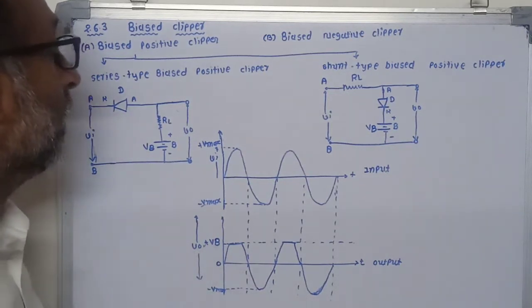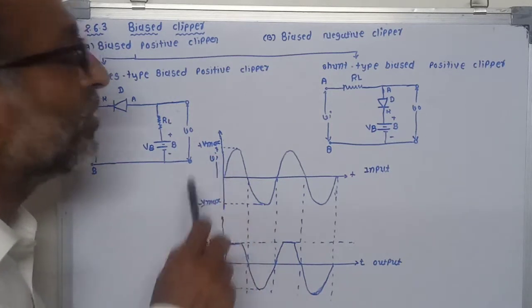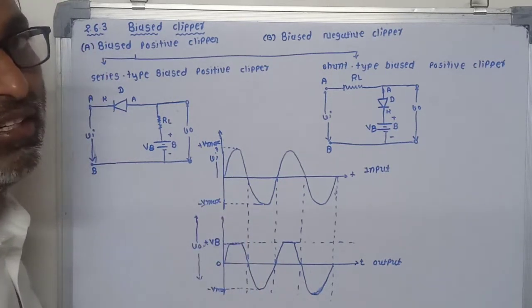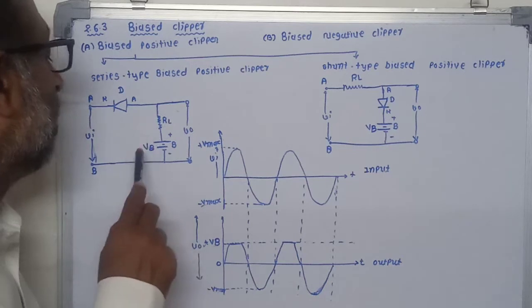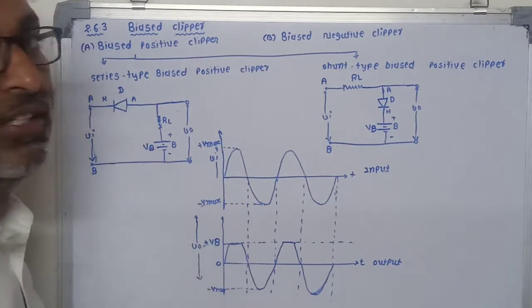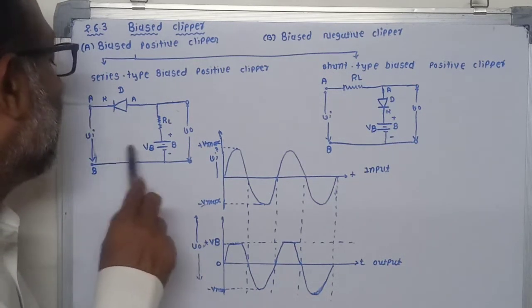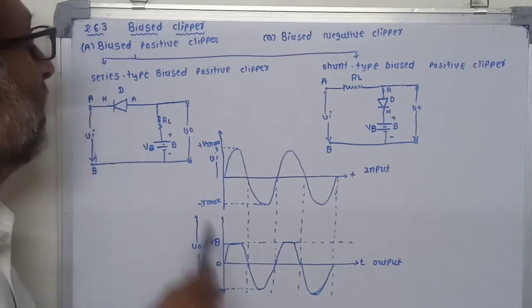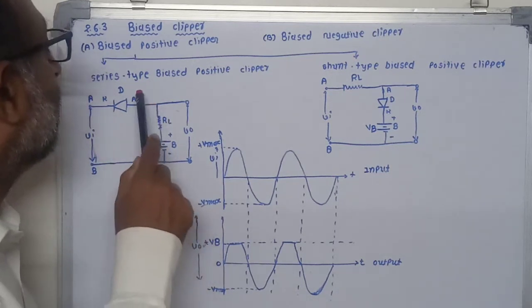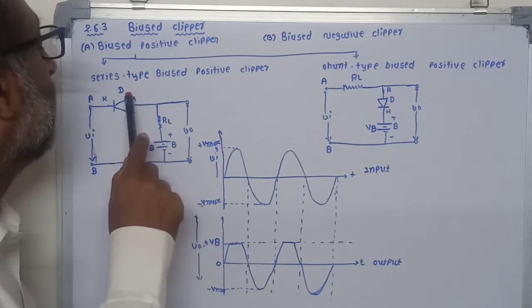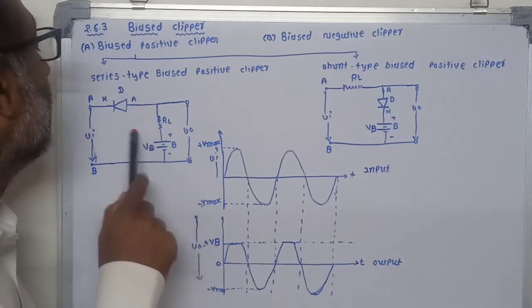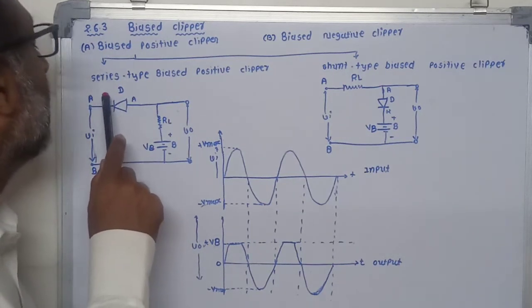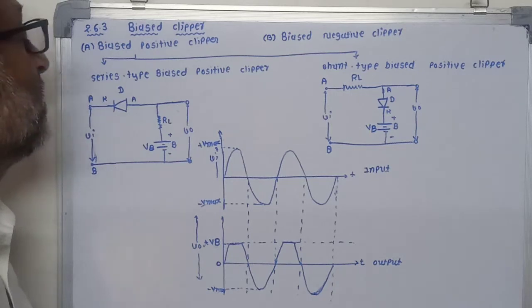Now initially the value of this positive half cycle is smaller than the battery voltage. That means VI is less than VB. At that time you can see the potential available at the anode terminal of this diode is greater than the potential available at the cathode terminal of this diode.